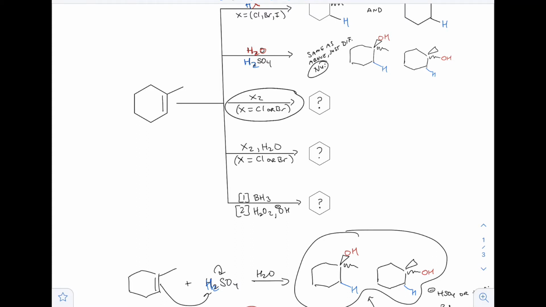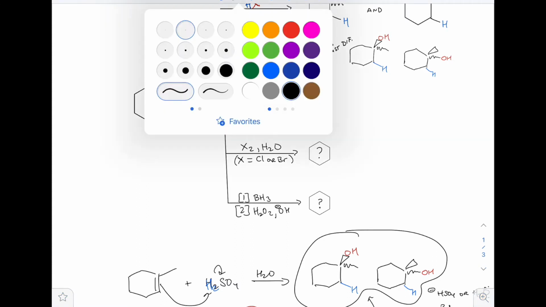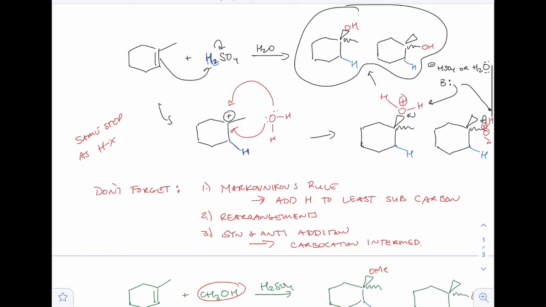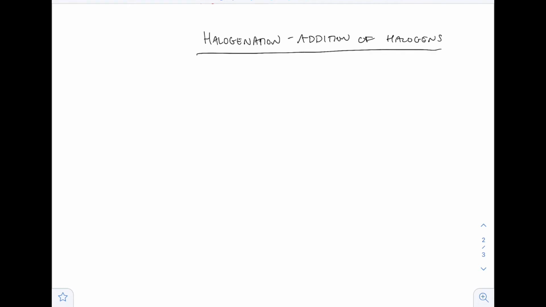This one is nothing even close to the first two, so pay attention. It's weird, but it still makes sense. Basically, it's the addition of the halogen, and we're really only adding chlorine and bromine, not iodine or fluorine.